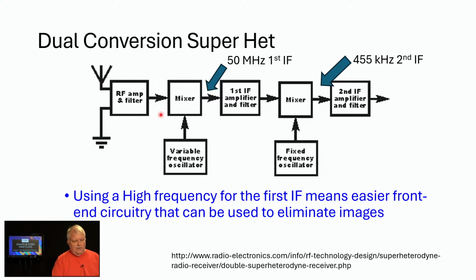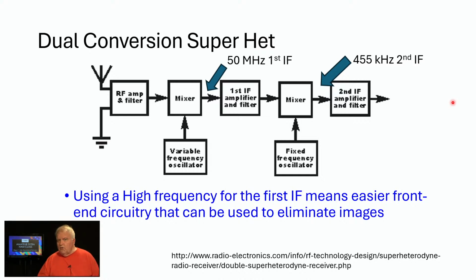It goes to a mixer, yes, but the mixer takes it up in frequency, up to maybe 50 megahertz. Does some filtering there, and it goes to a second mixer. This is the second conversion. And here it's mixed back down to 455 kilohertz, and then the cycle goes on. By using this high frequency for the first IF, it means that there's easier front-end filtering, and it eliminates image frequencies.